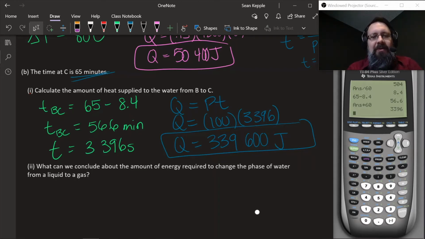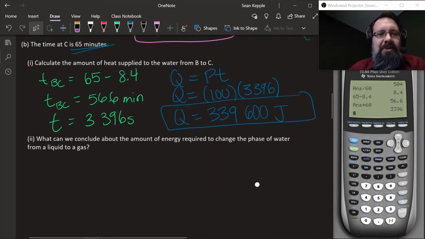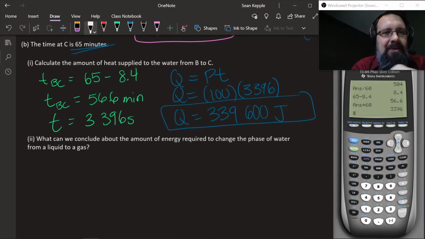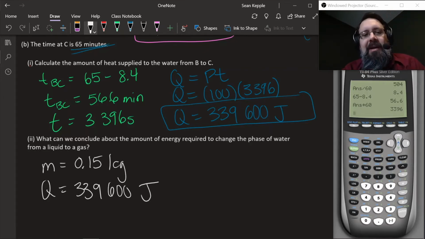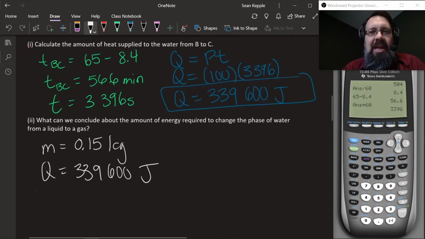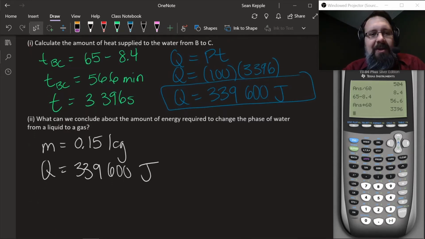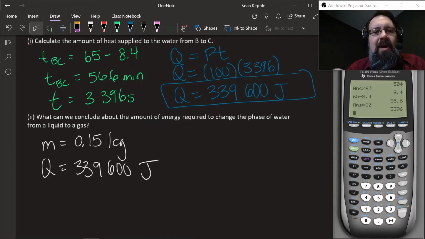So what can we conclude? Let's do a calculation. Remember that the mass was 0.15 kilograms, and the heat was 339,600 joules. We'll come up with a number that tells us the amount of joules you need per kilogram to change the phase of water, to boil water. We can simply divide those two quantities by each other.